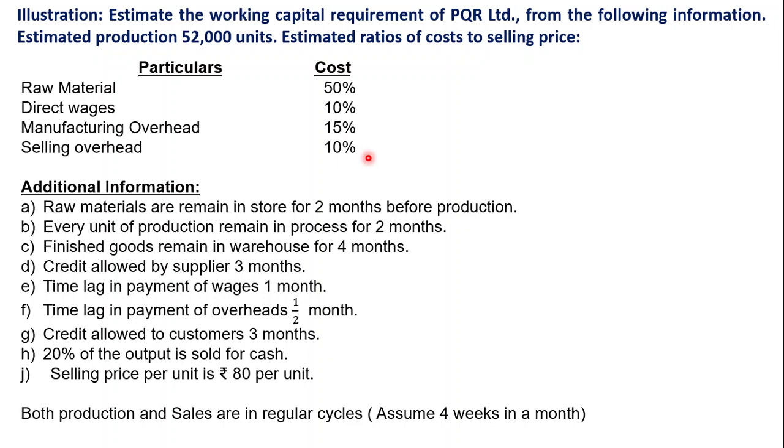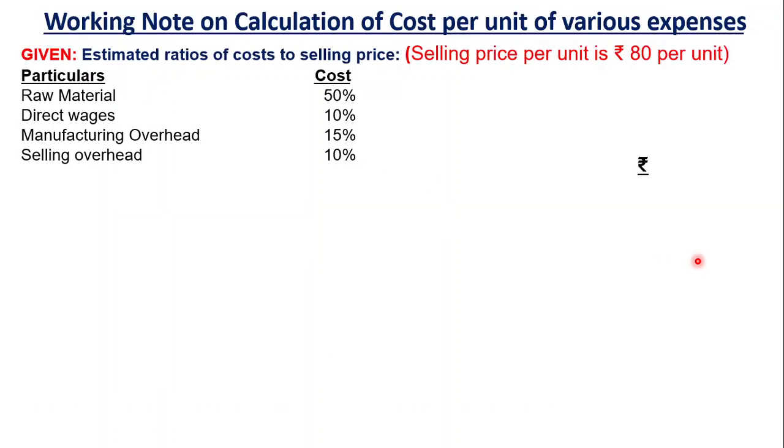First working note: calculation of cost per unit of various expenses. The estimated ratios of cost to selling price are already given, and the selling price is 80 rupees. We need to consider this for calculation of the various expenditures.